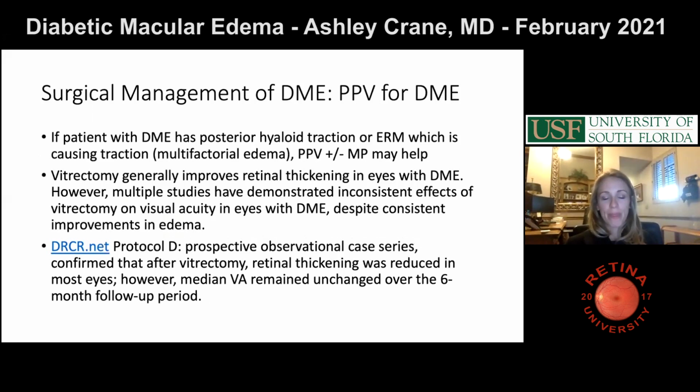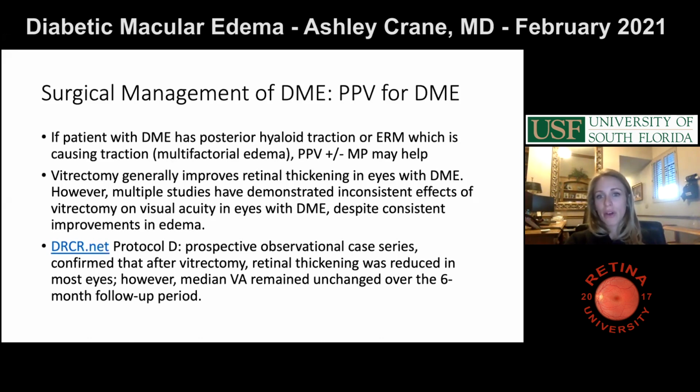So in terms of the surgical management for DME, the first bullet, in my opinion, is the most important: if the patient has DME, or you think they have DME, but they also have an epiretinal membrane or some kind of posterior hyaloid traction, this may be a multifactorial edema situation.